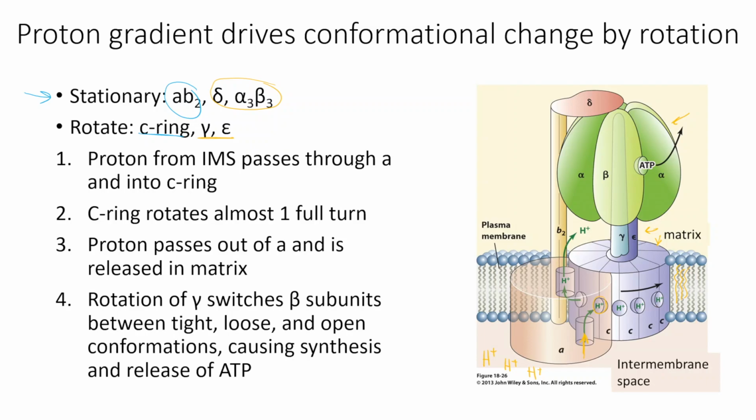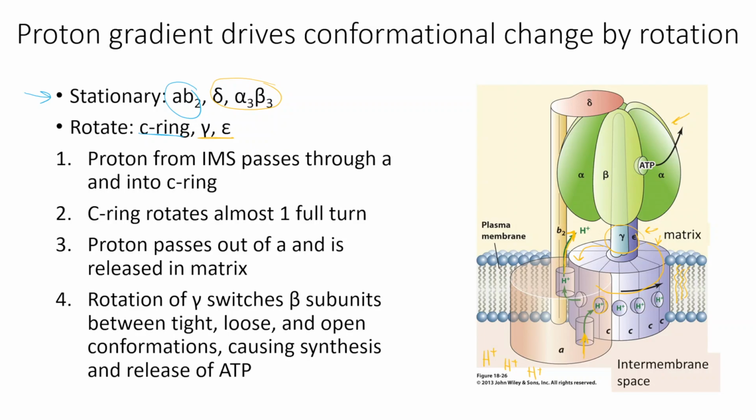So ultimately, as protons are getting passed into these C subunits, they're driving some small amount of rotation. And as the C subunits are rotating, so are the gamma and epsilon regions that are attached to it. And eventually, when that C ring that's made of all these different C subunits goes almost fully around a full turn, finally that proton is able to escape out into the matrix, which is the proton passing down its gradient.